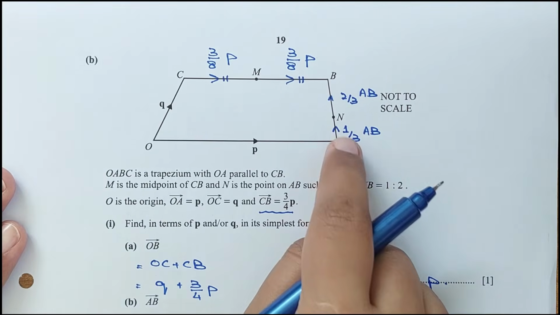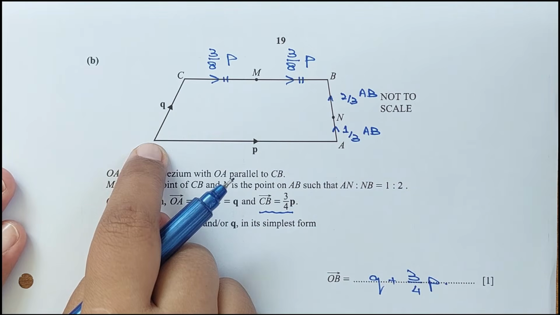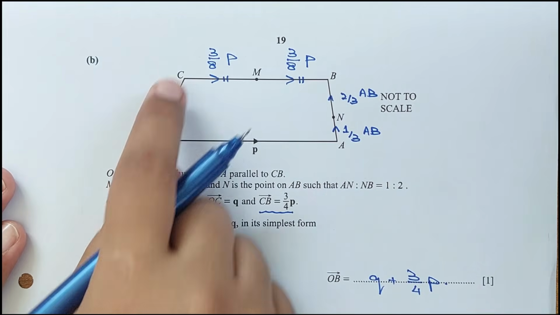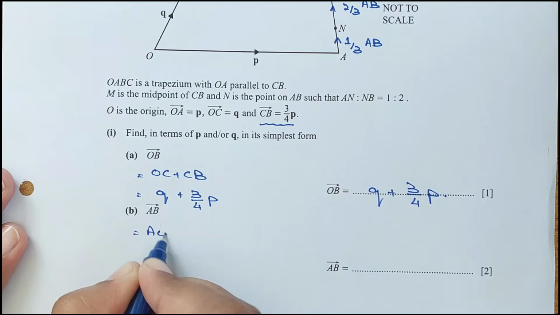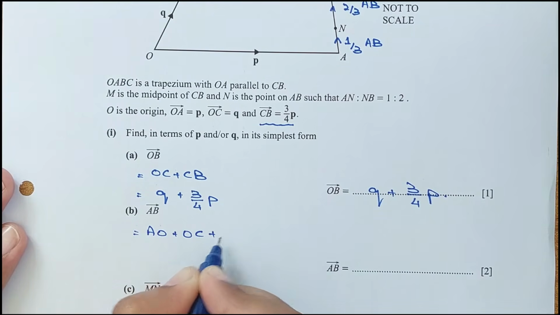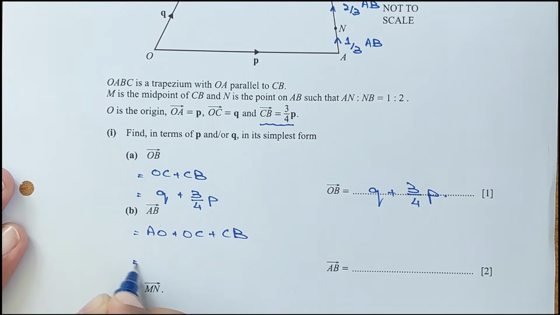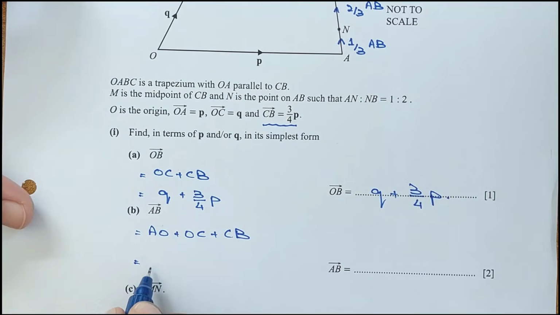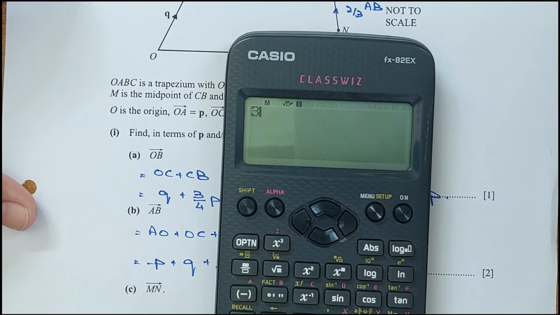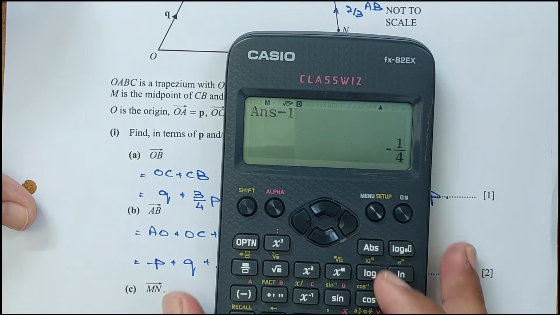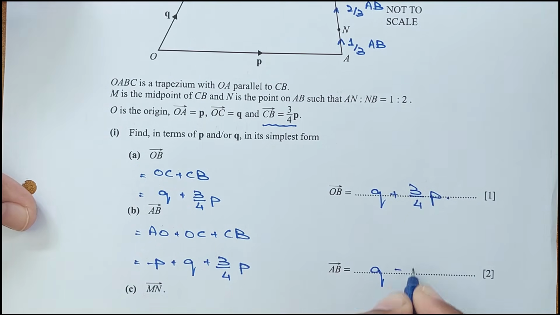A to B is AO, OC, CB. A to O is minus P, O to C is Q, and C to B is 3 by 4 of P. So Q, and 3 by 4 minus 1 is minus 1 by 4P.